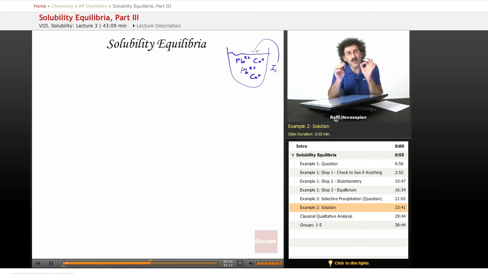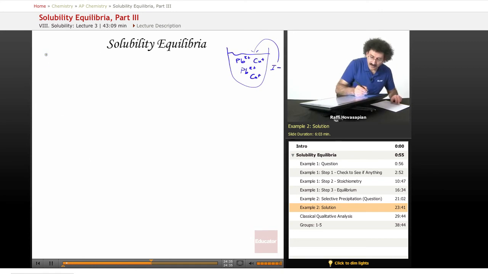Because again, once the concentration of iodide, let's say for copper, is such that it equals the KSP, it's at that point that a precipitate starts to form. Because a precipitate means it's in equilibrium now with its solid. It's reached its saturation point. There's no more of the iodide and copper that can be in solution together. The rest of it is just going to fall out as solid copper iodide. And the same for lead.